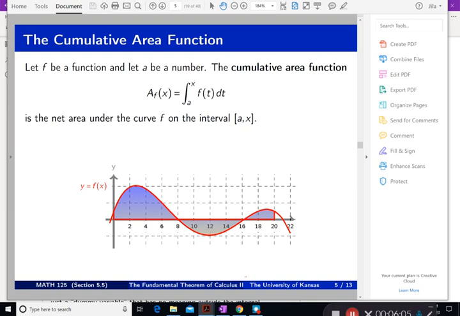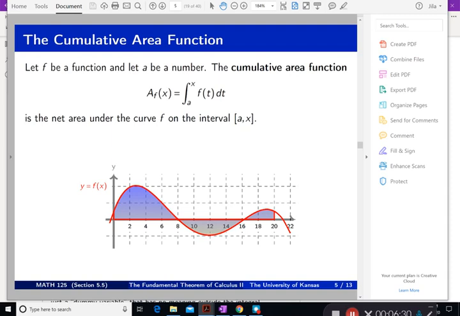That gives me some idea why, let's go back, while f of x is positive, the function was increasing. As soon as f of x became negative, the function started decreasing. And then again, when it became positive, the function became increasing.